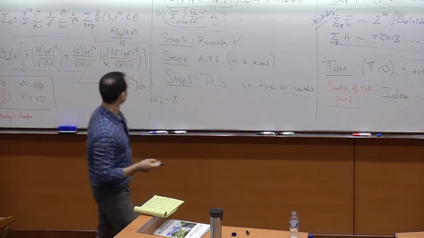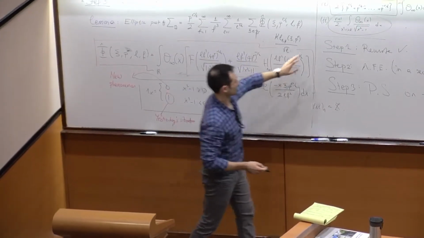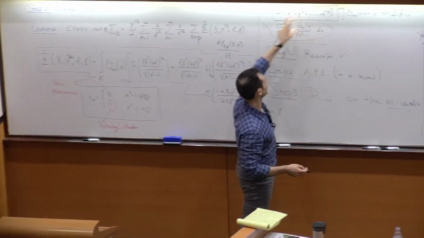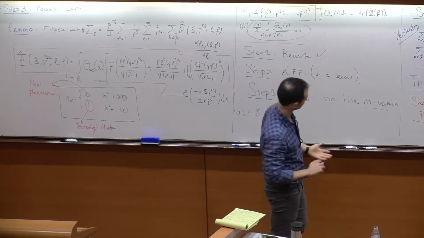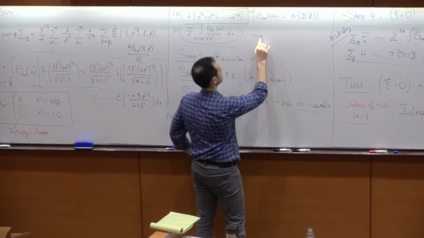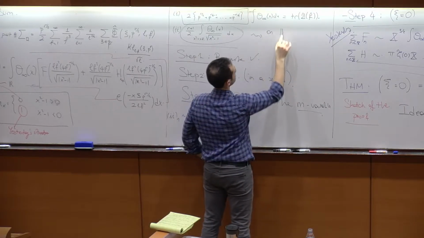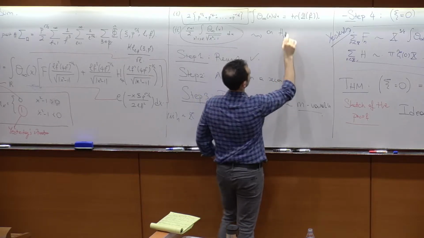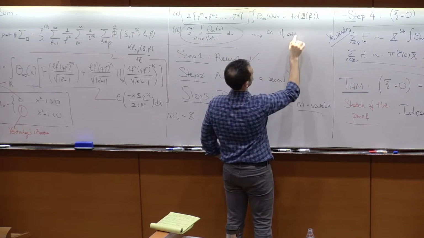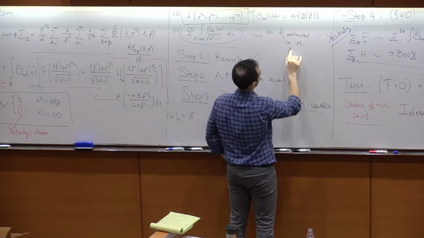One of the poles has residue this guy somehow. You need to actually calculate this. This is a calculation, but this corresponds to the same analysis on H attached to the R hyperbolic torus.